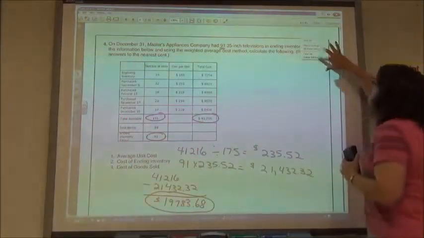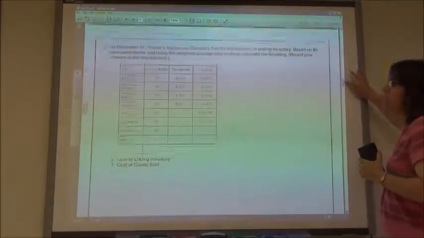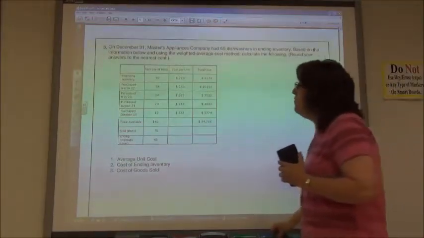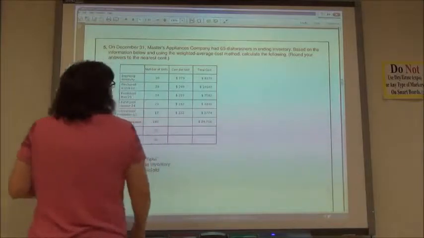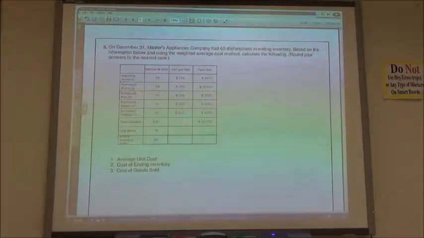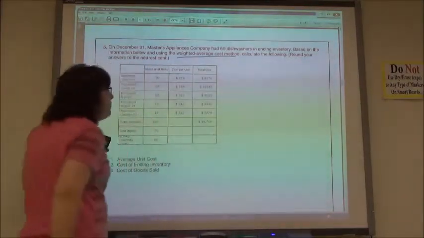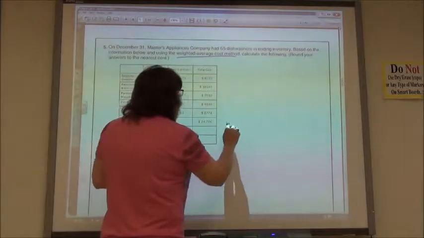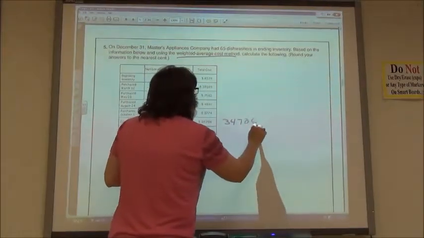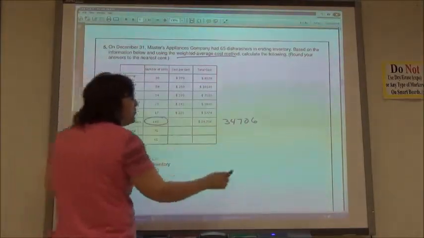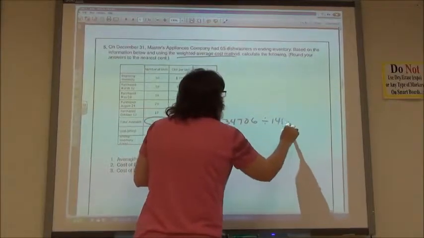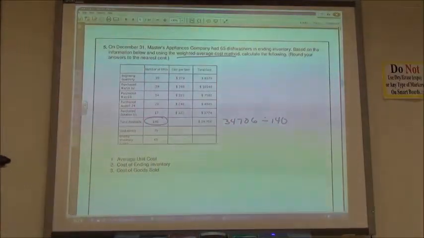Number 5, going to be kind of the same type of thing. On December 31st, Masters Appliance Company had 65 dishwashers in their ending inventory. Based on the information below, use the weighted average cost. What is my average cost? Well, I spent $34,706 and I bought 140 items. 140 dishwashers.